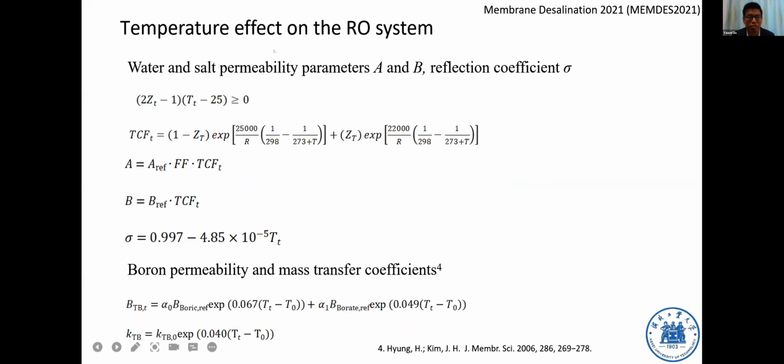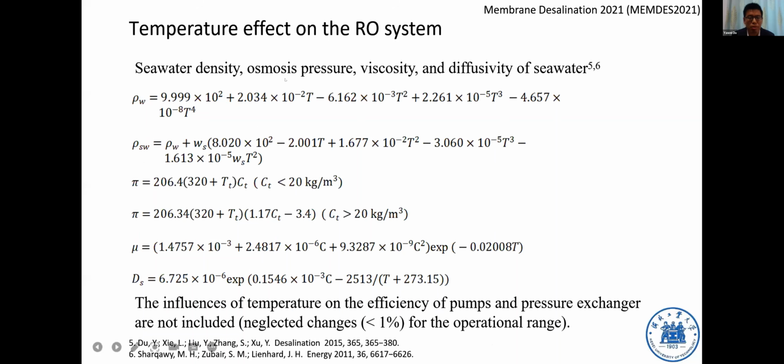The temperature effect on the system includes the water permeability, salt permeability, and boron permeability, and the mass transfer coefficient was fitted in the model, and the seawater properties are also included.